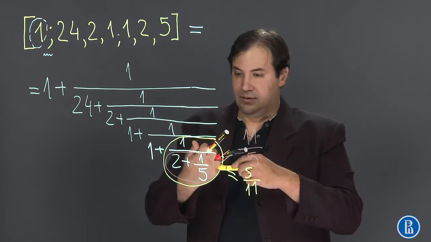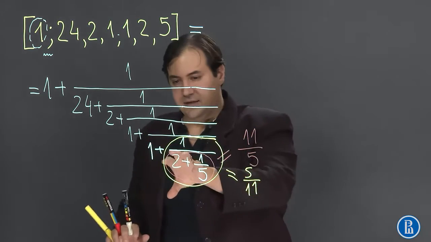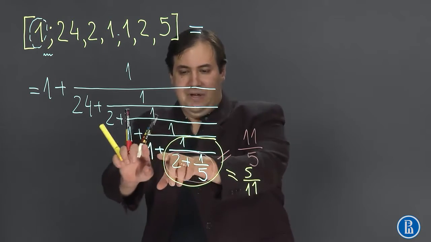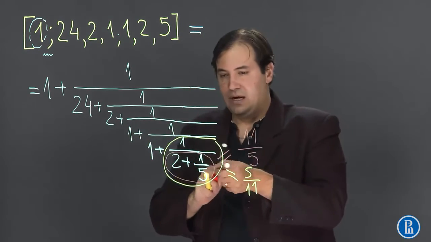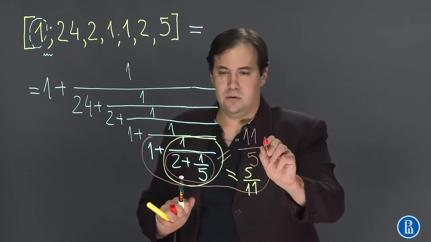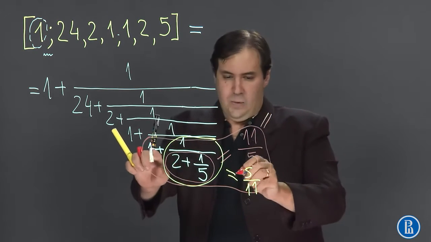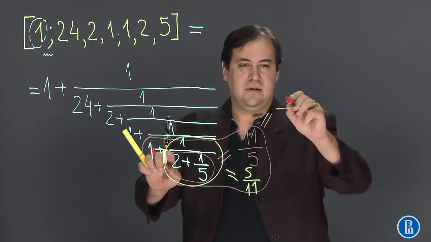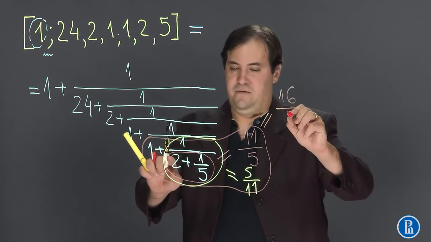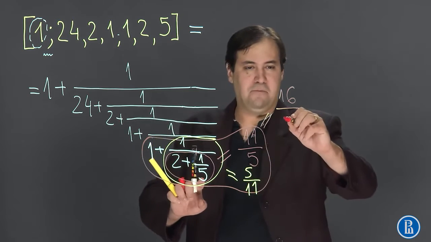Then take the next number we have inside the continued fraction, so 1 plus 5 over 11, and turn it into 16 over 11.